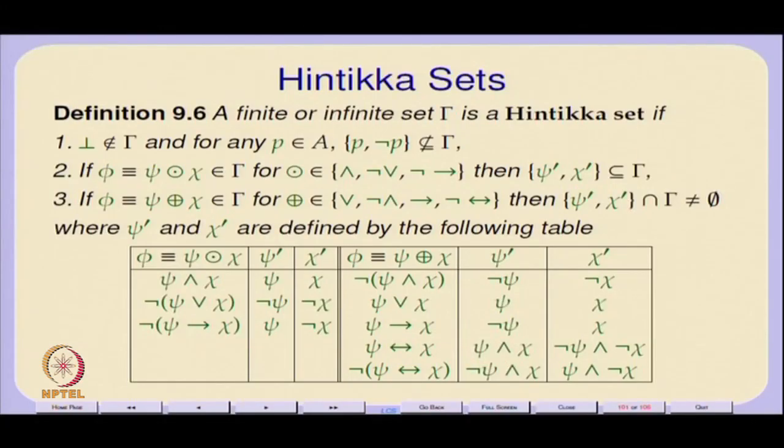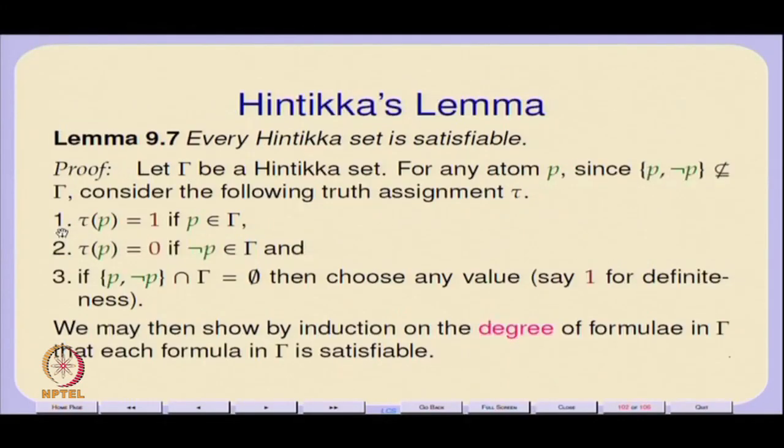Right. So, then you have Hintikka's lemma, which essentially has to do with satisfiability. Let gamma be a Hintikka set. That means it satisfies those three properties. For any atom P, since complementary pairs are not included in gamma, if it is a Hintikka set, there cannot be any complementary pairs.